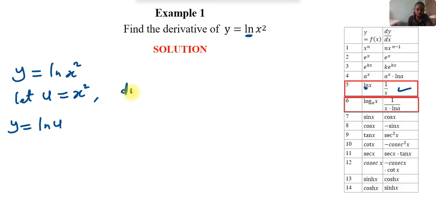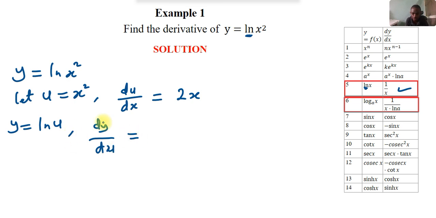We have du/dx. We're going to differentiate u with respect to x first, and in this case we have 2x. Then we are going to do the same thing for y. We are going to differentiate y with respect to u. So we have dy/du.